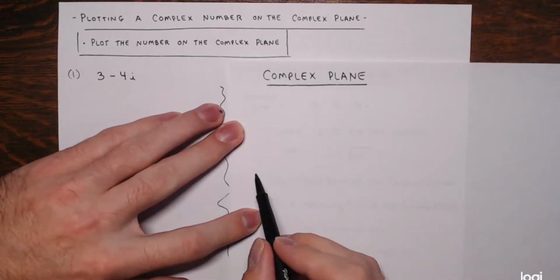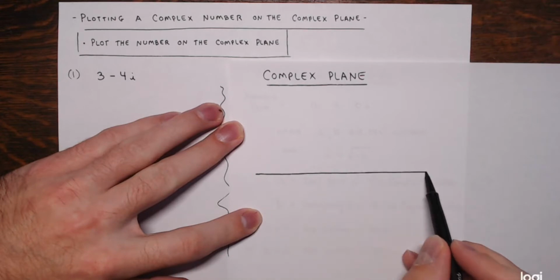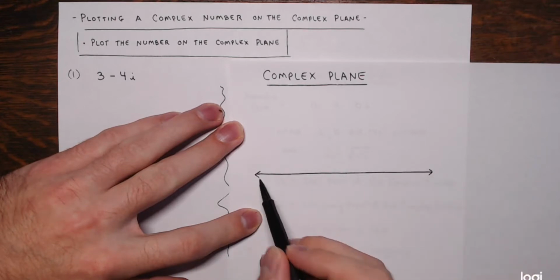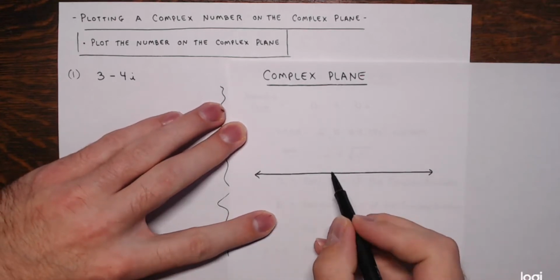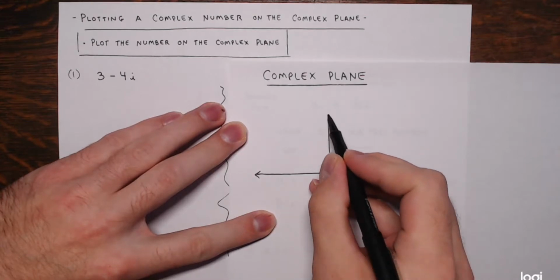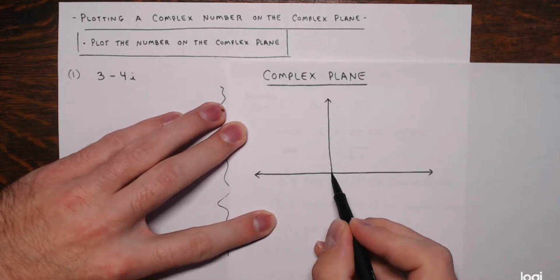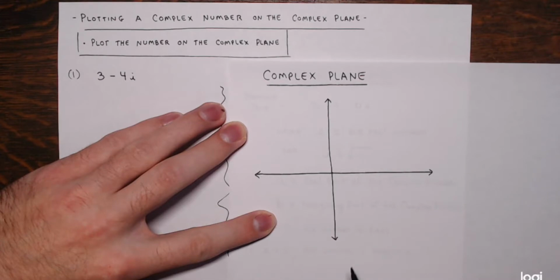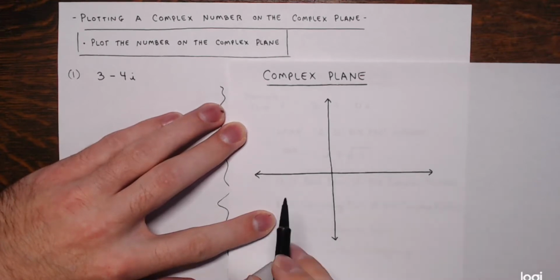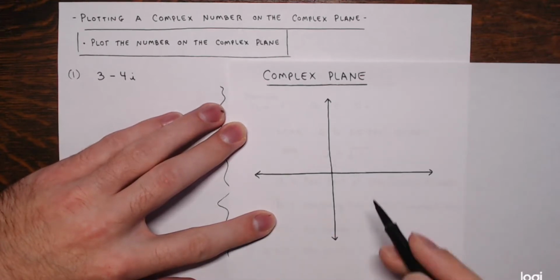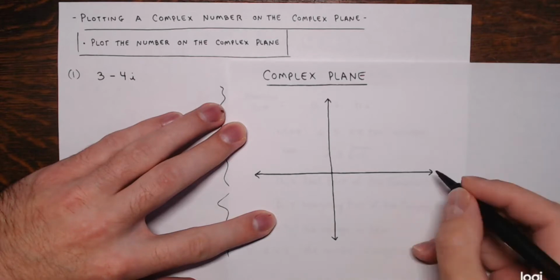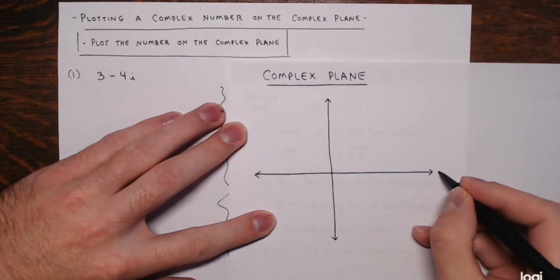You have a horizontal axis and you have a perpendicular, vertical axis. But instead of calling these the x-axis and y-axis like you're used to, the horizontal axis is the real axis.